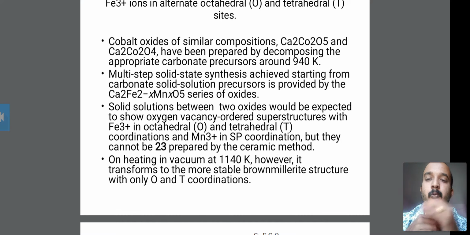You have to know well that solid state synthesis can be multi-step.